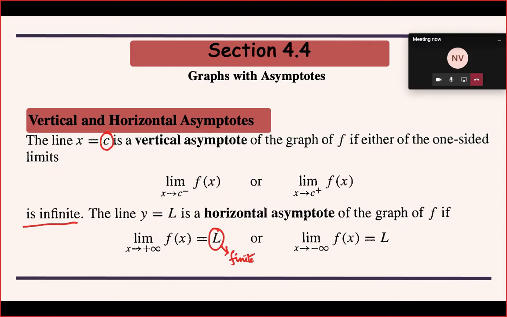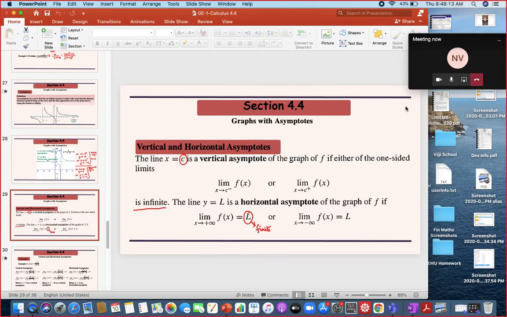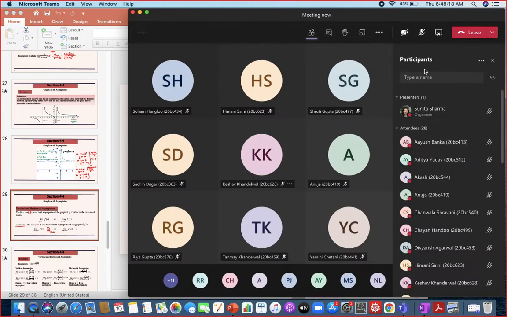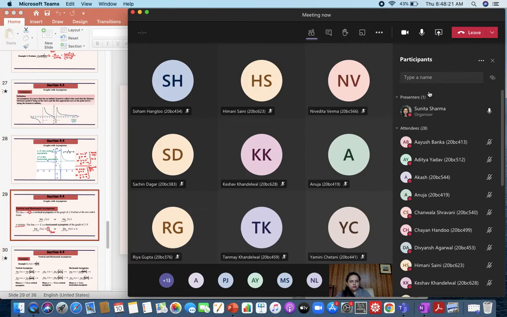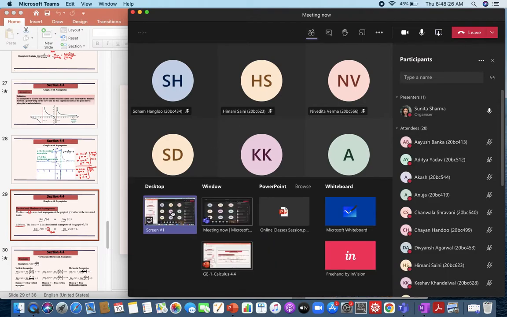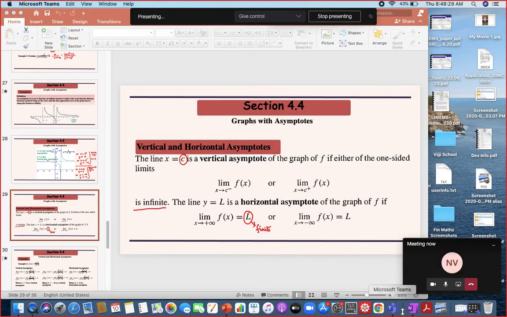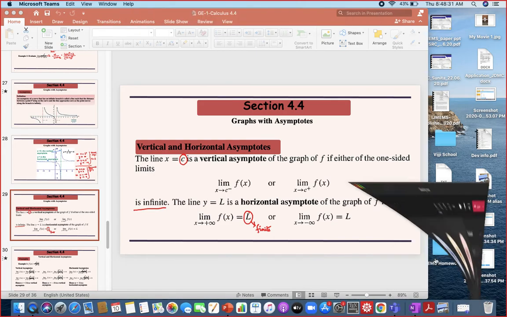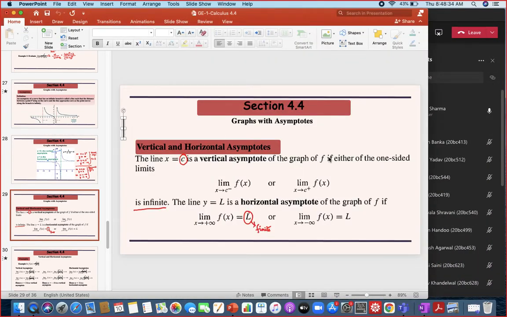Ma'am, audio is clear. Okay, what I can do is stop sharing and then start sharing again. Just wait. Now is it visible? I have done it again. Yes, ma'am, now it is visible. Thank you, ma'am.